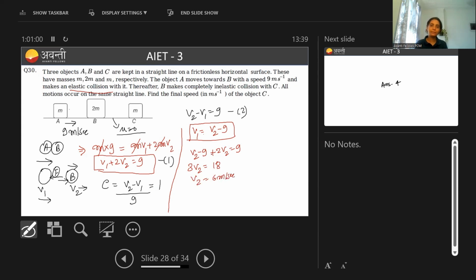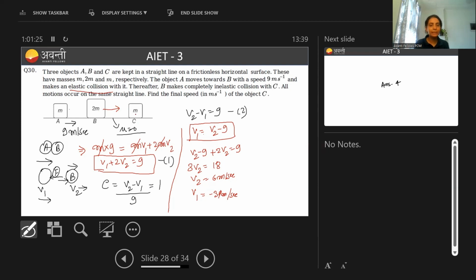If v2 is 6 meters per second, v1 will be 6 minus 9, that is minus 3 meters per second. It means the direction that we have taken is wrong for v1, but it won't affect your calculation, no worries. Now v2 is 6 meters per second, so B will move towards C with 6 meters per second.